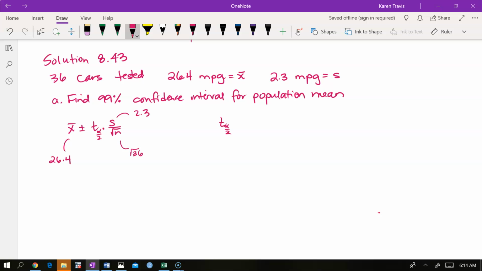So we just need t of alpha over 2. Because it's 99%, each of our tails is going to be 1% divided by 2, which is 0.005.